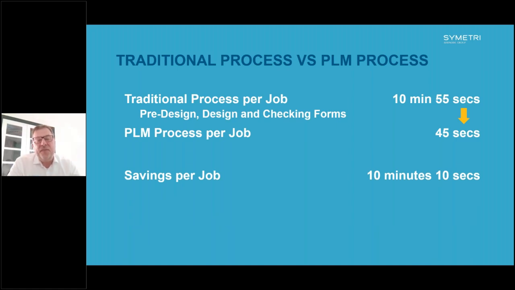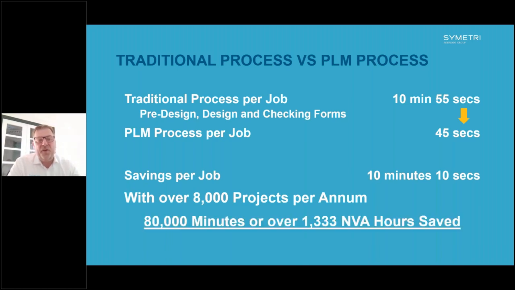The gain for this particular company from transforming their pre-existing manual processes and digitizing them in PLM was that, as they do 8,000 jobs per year, that saves them over 80,000 minutes, or 1,333 non-value-added task hours. It proved its worth with the implementation of just a single process, and we're still doing more with them.